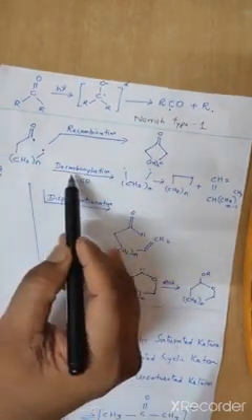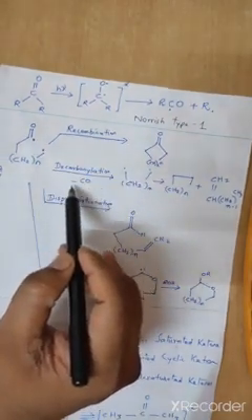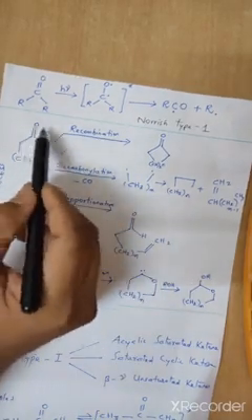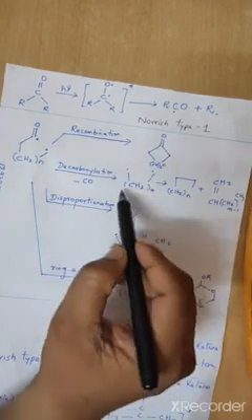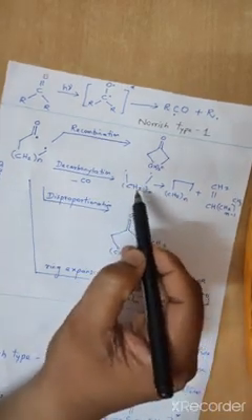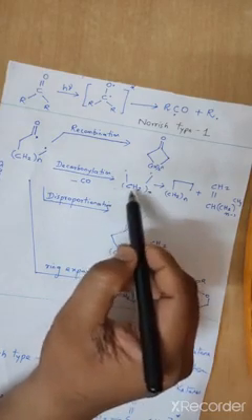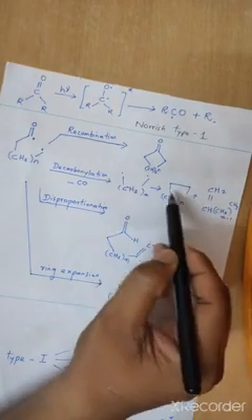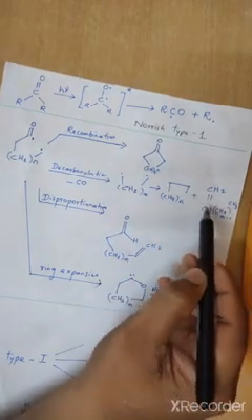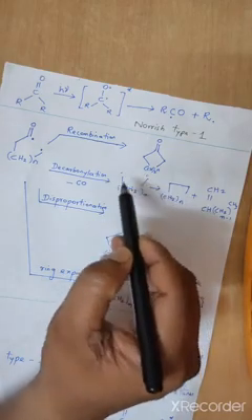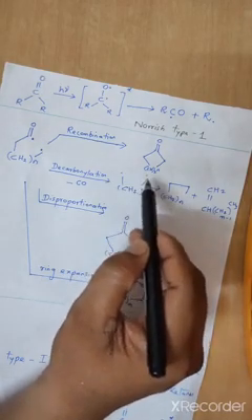The second one is decarbonylation. That means removal of CO. This group will be removed. As a result of this, a biradical is formed. Now what may be the process in this biradical? The two radicals may recombine and cyclize. This cyclic product is formed. It may undergo hydrogen abstraction.